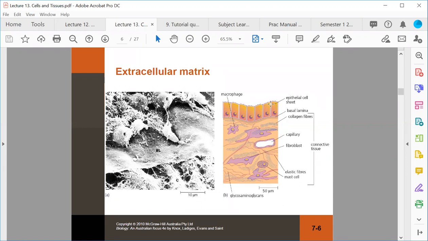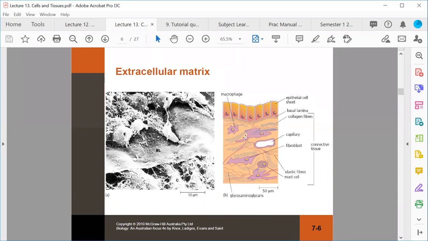So let's start from the top. We've got a single layer of epithelial cells here. Underlying the epithelial cells, we have the basal lamina, which is that shaded region. Underneath that, we have the connective tissue, and within it we can see some cells.